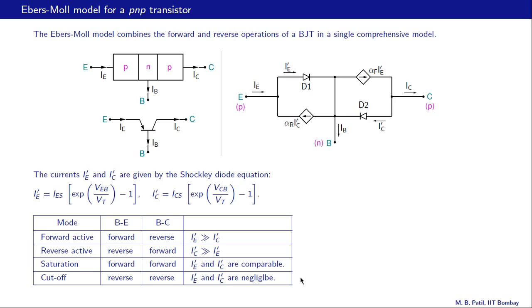In circuit simulators, there is another model which is a little more advanced, but essentially the idea is similar, that the model describes all of these modes in a nice comprehensive manner. That's called the Gummel-Poon model. For our purposes, the Ebers-Moll model is definitely adequate, and we will see the results that we get from this model.